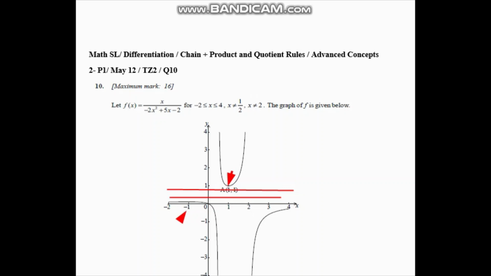We know that the y-coordinate of A is 1. How do we know that? It's right there. We know that A has a y-coordinate of 1. What about the y-coordinate of B? Well, the y-coordinate of B is not there on the drawing, but we actually got it in the previous question, right there.